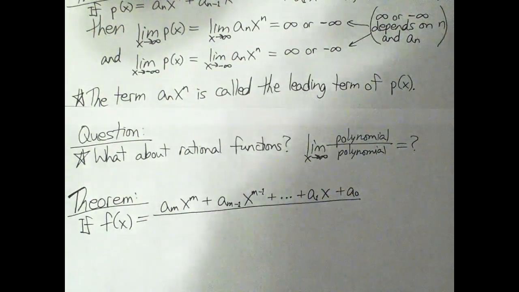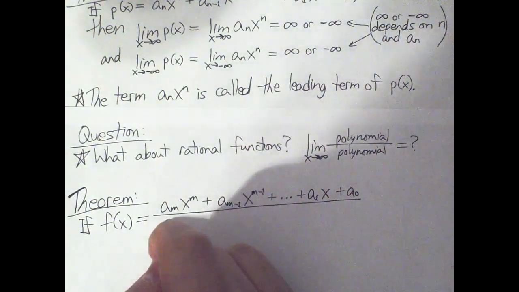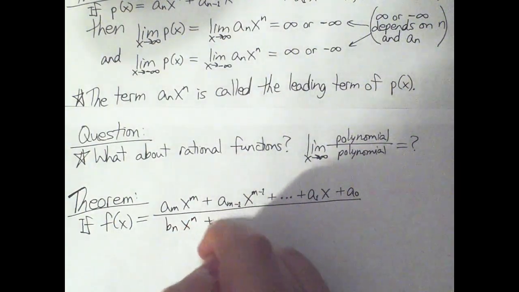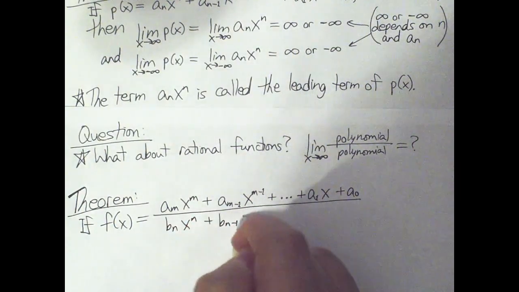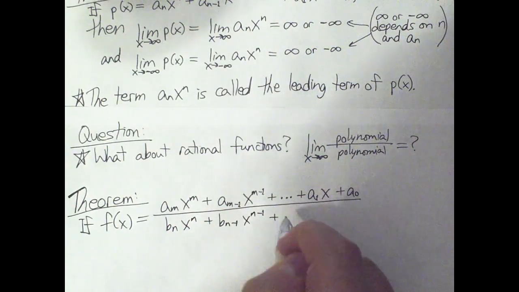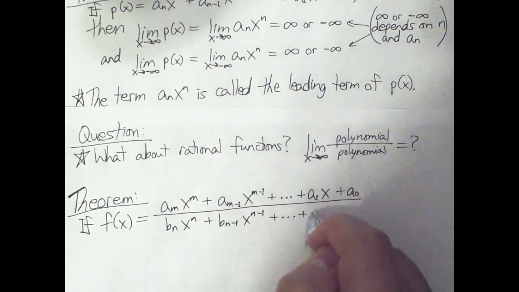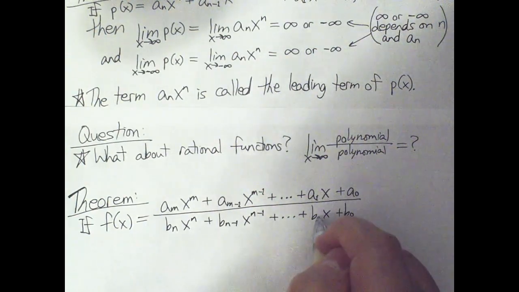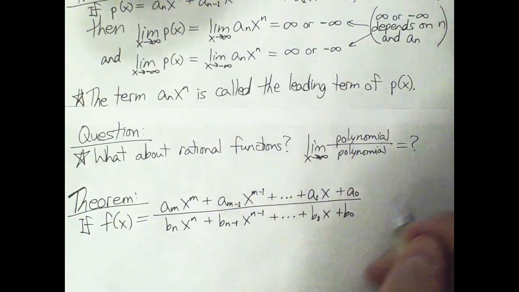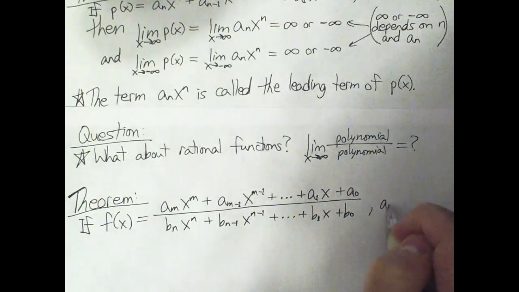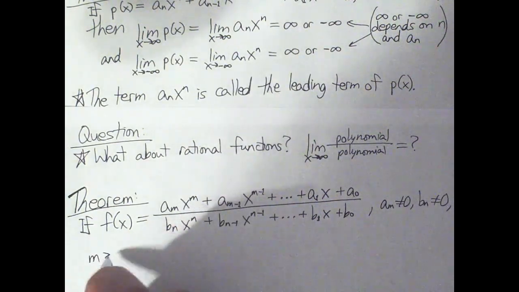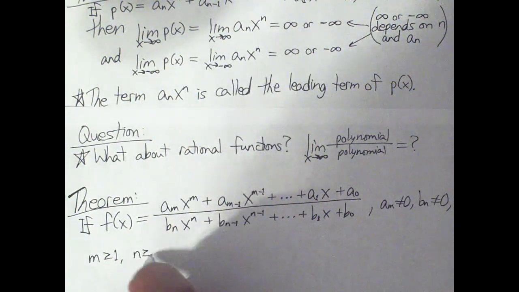The only letter that's the same on the top and the bottom is x. A polynomial in x and another polynomial in x. We've got a_m is not equal to 0, and b_n is not equal to 0, and I guess we have to say m is greater than or equal to 1, n is greater than or equal to 1.